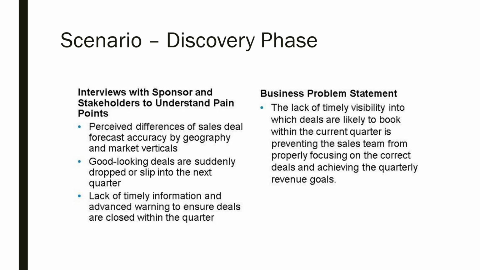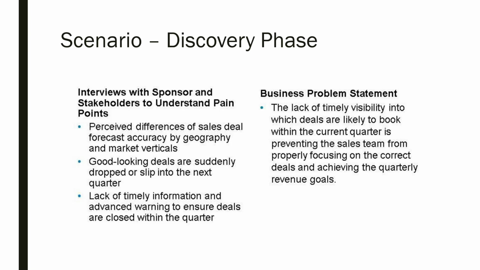Then you've got the business problem statement, which is the lack of timely visibility into which deals are likely to book within the current quarter, which prevents sales from properly focusing on the correct deals and achieving the quarterly revenue goals.